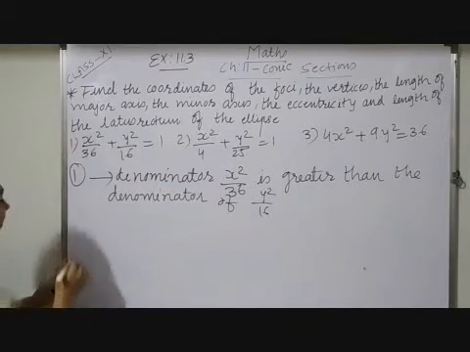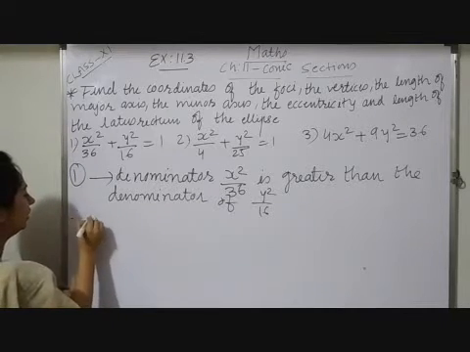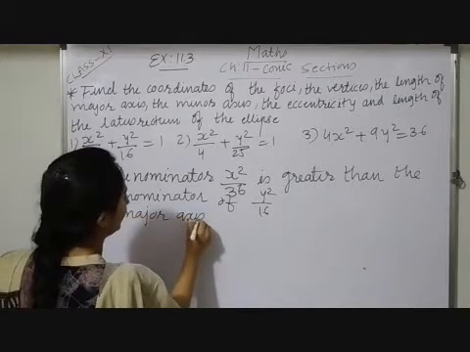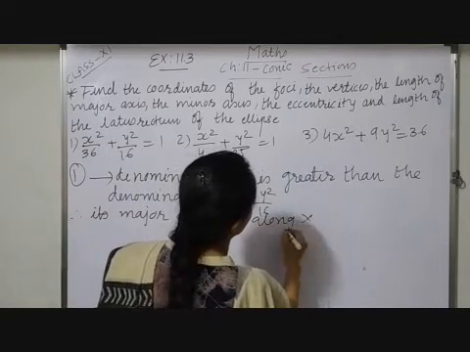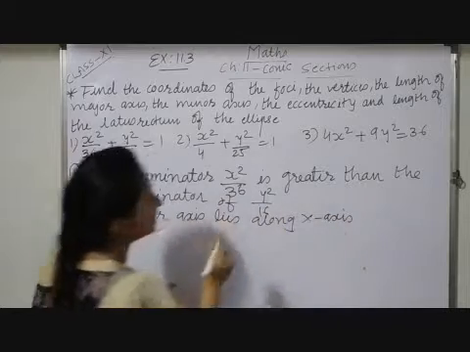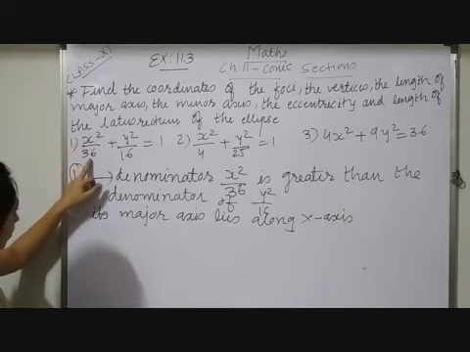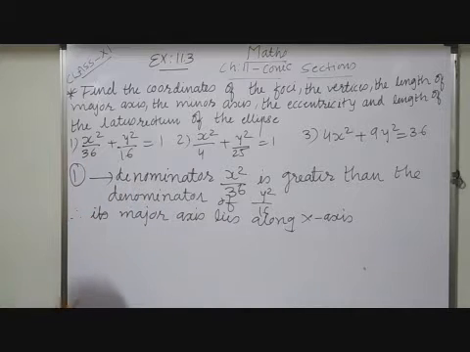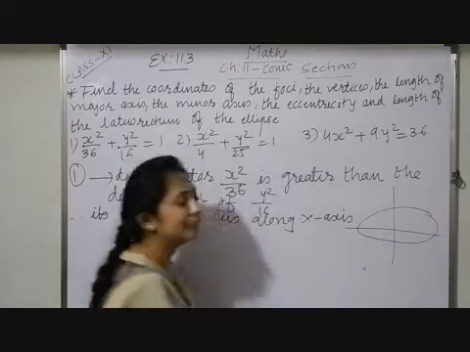So that time I can say its major axis lies along x-axis. See, what you have to do, first of all you have to observe your given equation. If the denominator of x square is greater than the denominator of y square, so that time your major axis lies along x-axis, so that time your ellipse will be like this.